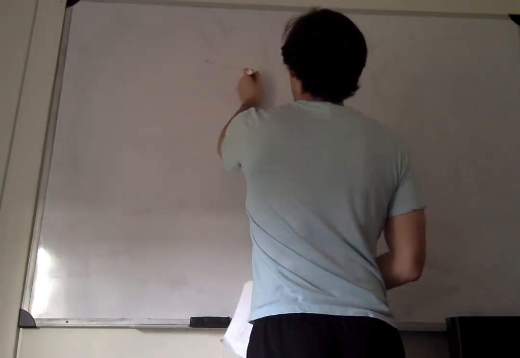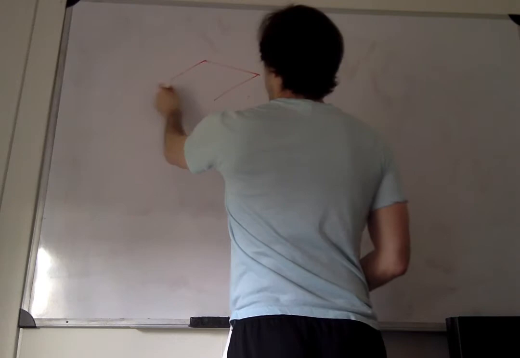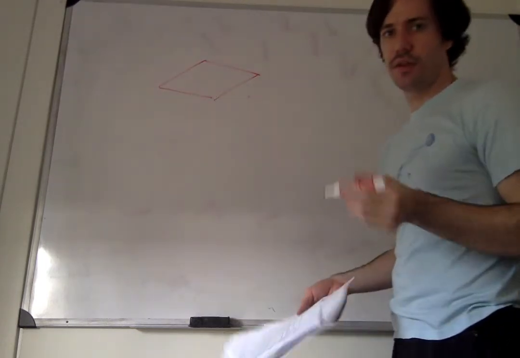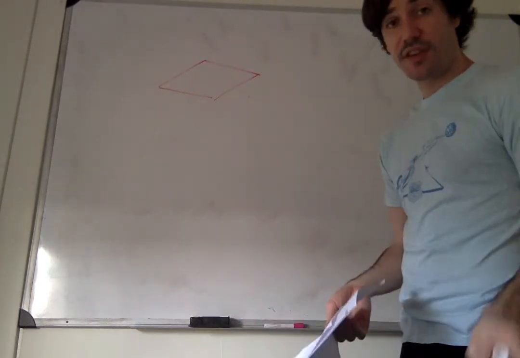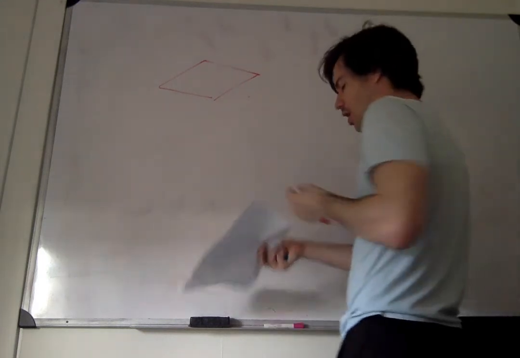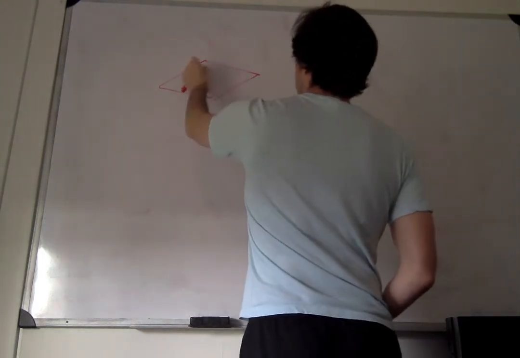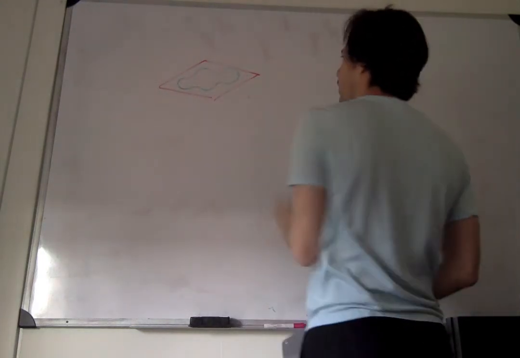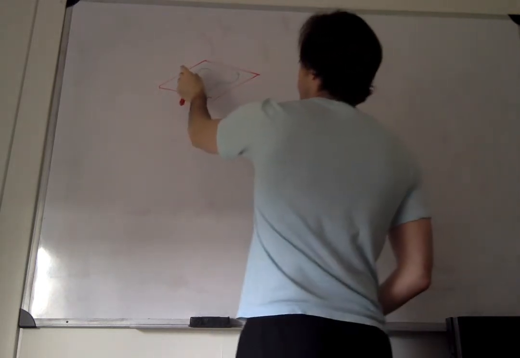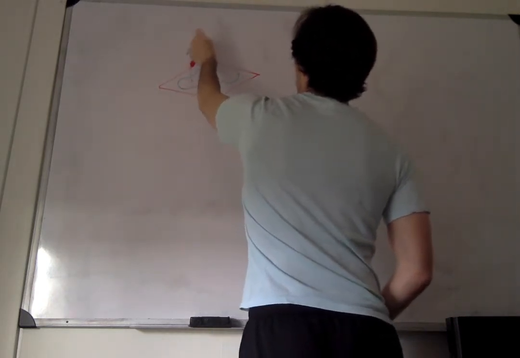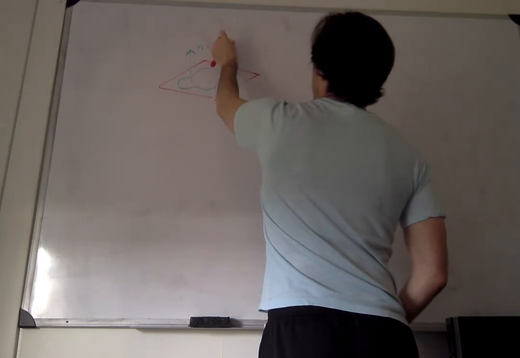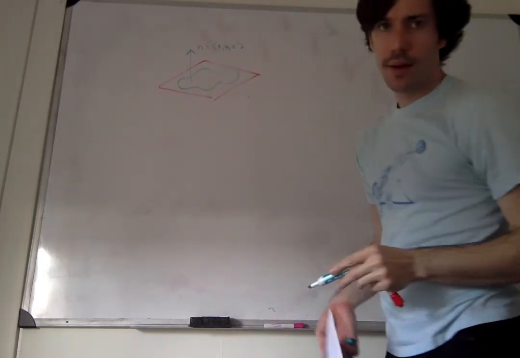So the idea is you have a plane. It's flat, and you have some curve C, and it's got a normal vector, and that normal vector is A, B, C.